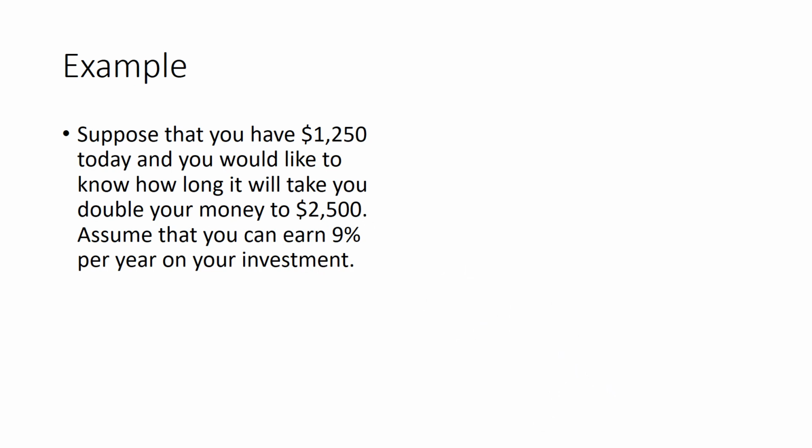So the next problem is similar. It says, suppose that you have $1,250 today, and you would like to know how long it will take you to double your money. Assume that you can earn 9% per year in investments.